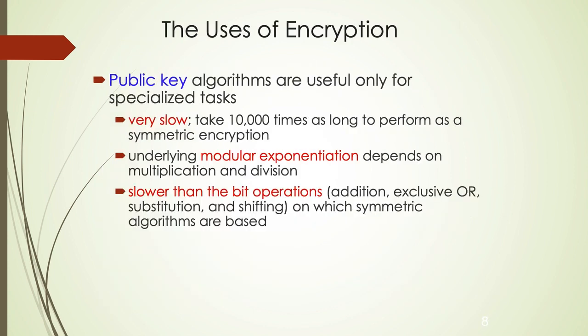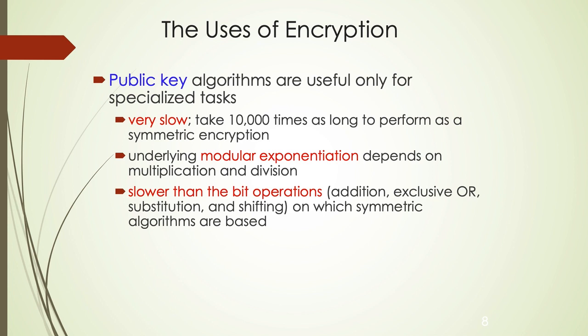Now, public key algorithms are useful for specialized tasks. They are slower than symmetric keys, because you can think about it as transforming twice with asymmetric keys, and you have to make computationally heavy calculations for each.